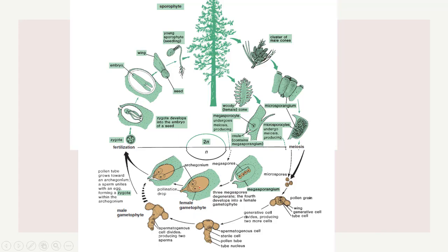It becomes bigger, the size like this, and the female gametophyte will develop into what we call the archegonium, and inside the archegonium there is an egg. So what happens after this process is pollination. Pollination happens when this male gametophyte attaches to this part.